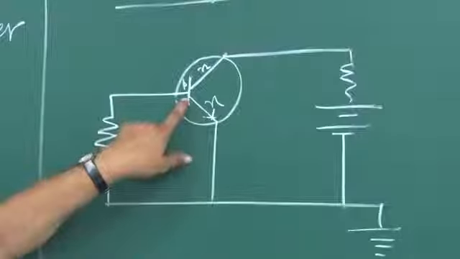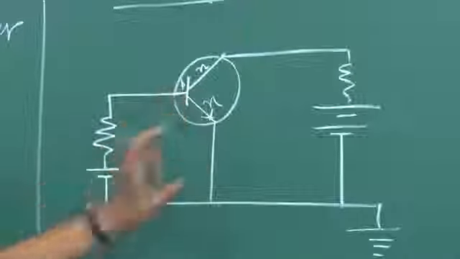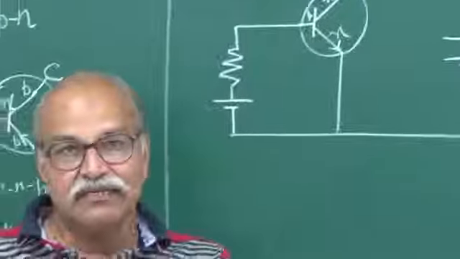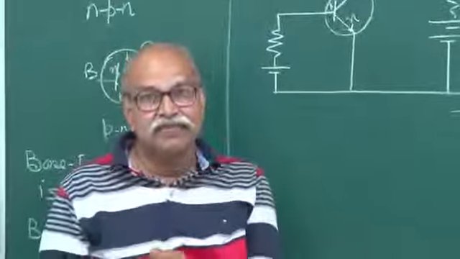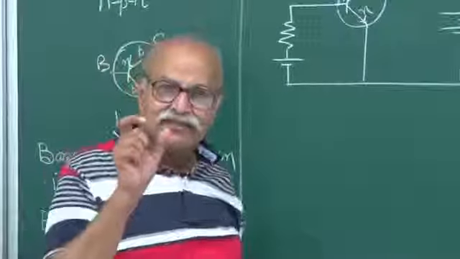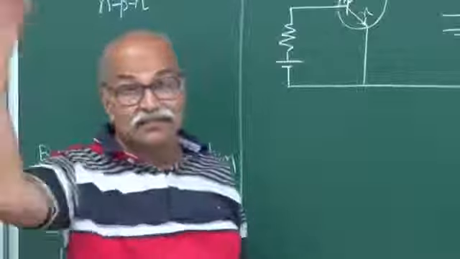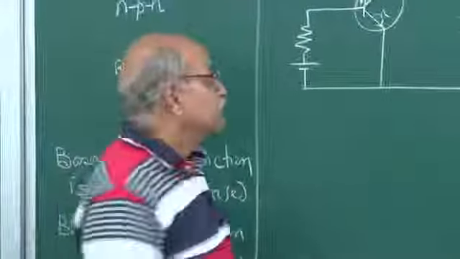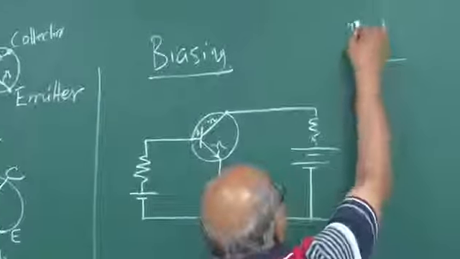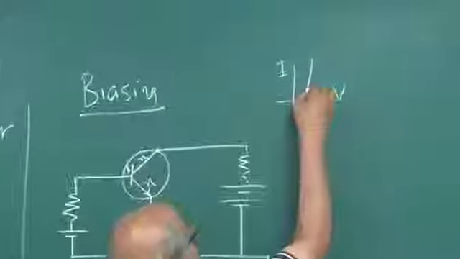You remember, in a forward biased PN junction, the voltage appearing across the junction has a certain value, because after that current shoots exponentially. So it's like this, that current voltage characteristic.